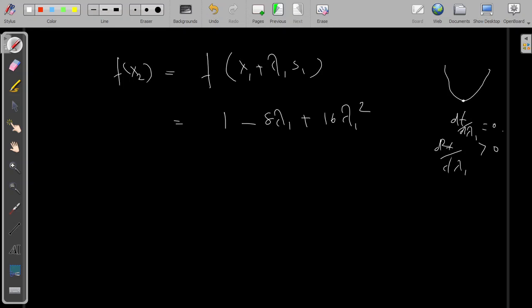You apply that condition, and you will get lambda 1 equal to 1 by 4, equal to 0.25.